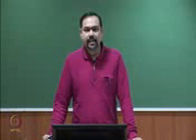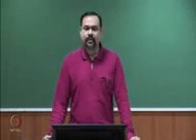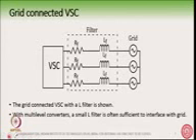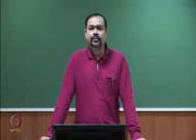The easiest example of a voltage source converter is a two-level converter, which has one DC link and 6 switches.